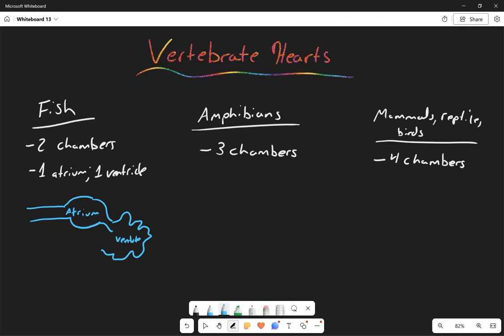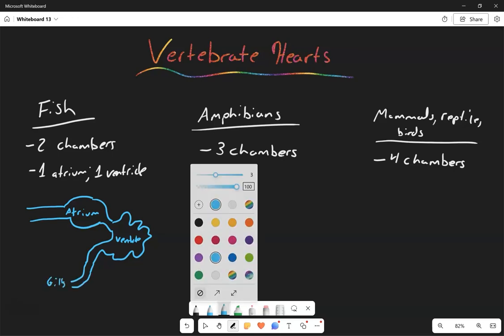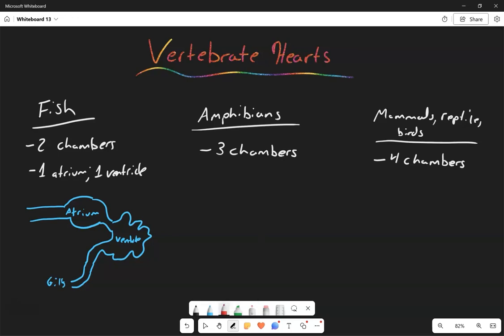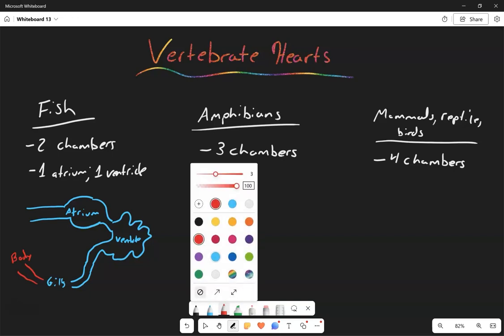Okay? And then this is going to go out like this, like so. And it will go to the gills to get oxygenated. Okay? Then it will go to the body, where it drops off its oxygen, and then it will return to the heart, like so.